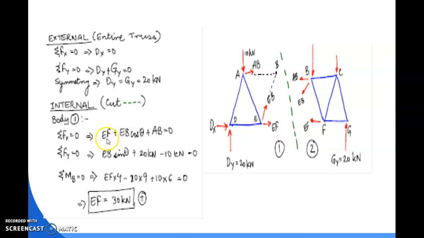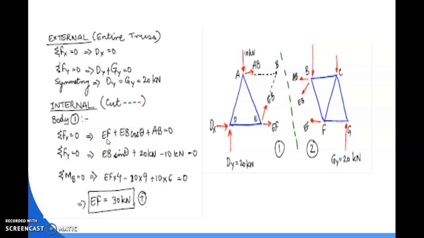So we can put FEF plus FAB plus FEB cos theta equal to 0. Here you can see all the members are unknown for us, so we will keep this equation as it is.